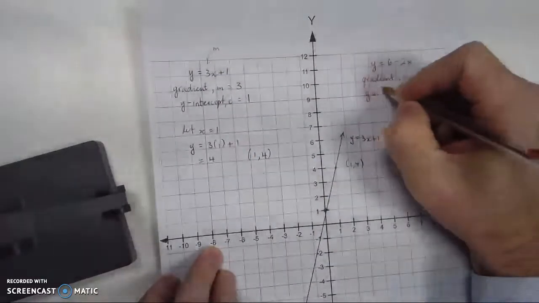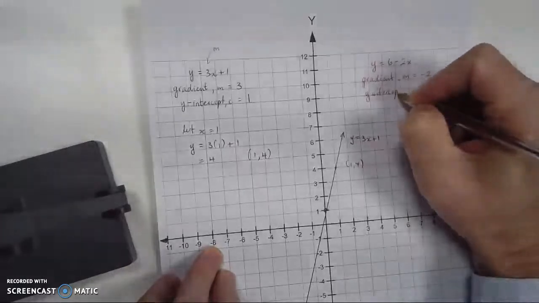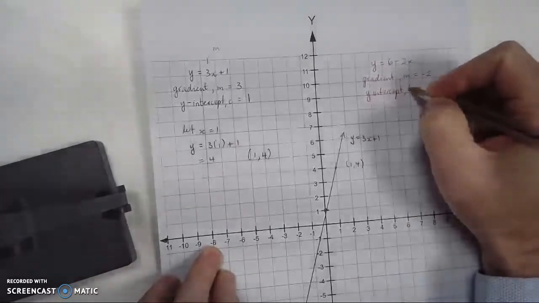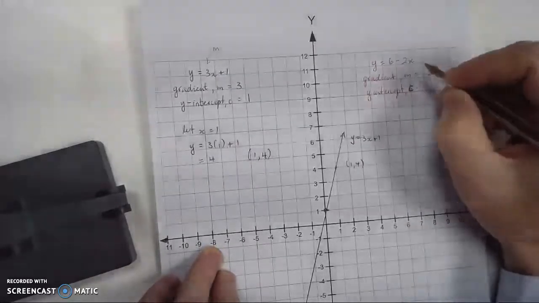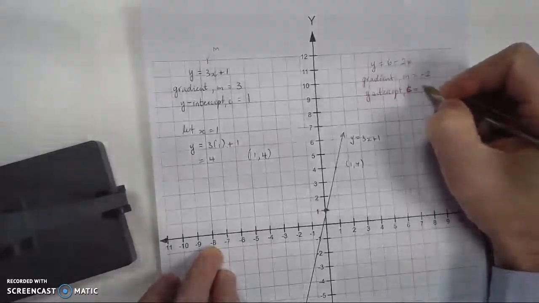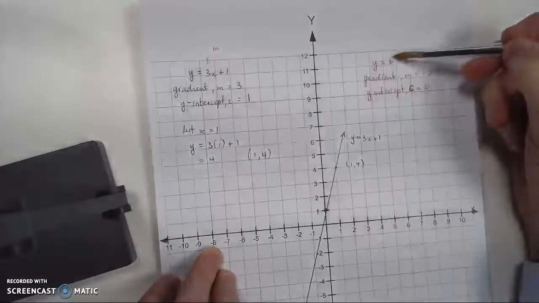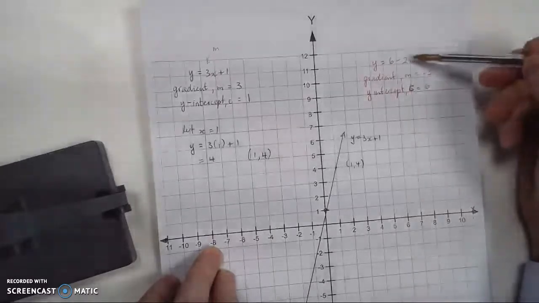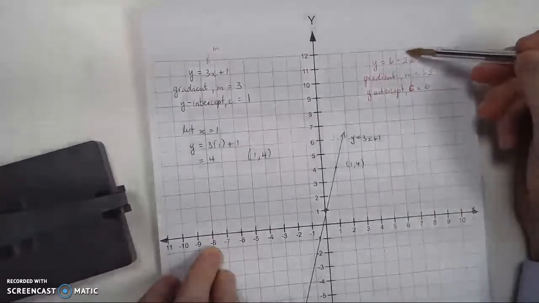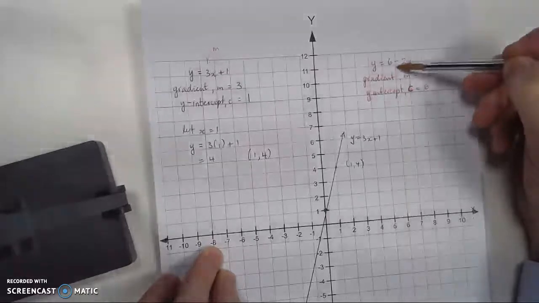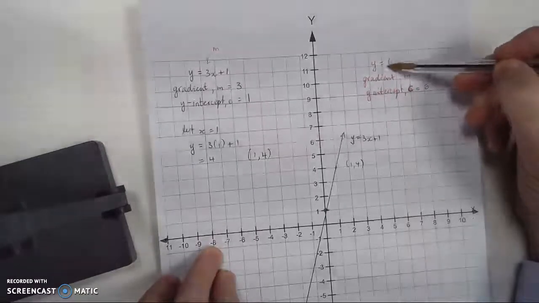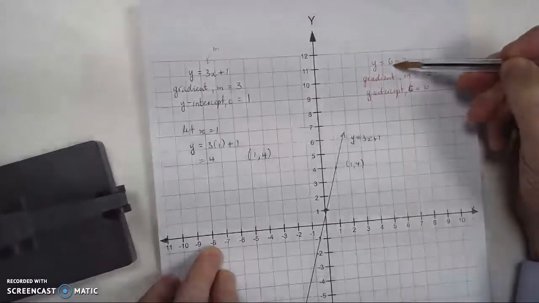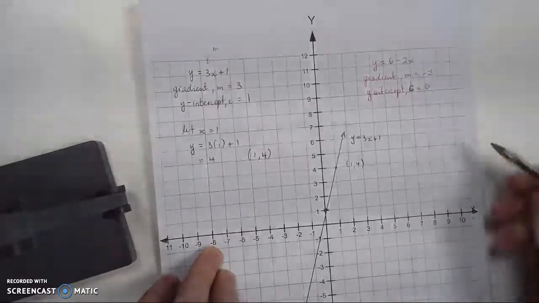The y-intercept, which is c, is going to equal 6 in this case. Now notice here that even though we've changed the order of the terms, the gradient is always the number which falls before the x. The y-intercept is always the number without any x related to it.